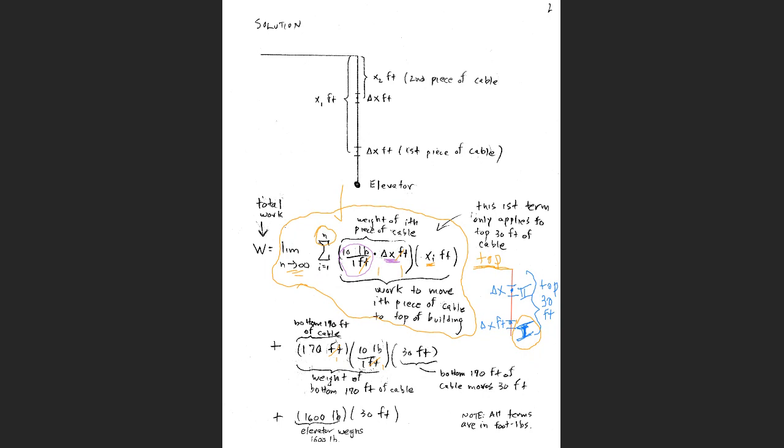Okay. Well, what's going to happen, of course, is this Riemann sum is going to become an integral. And then the other two pieces of work are just computational. So the work is going to be the integral of 10x dx from 0 to 30.